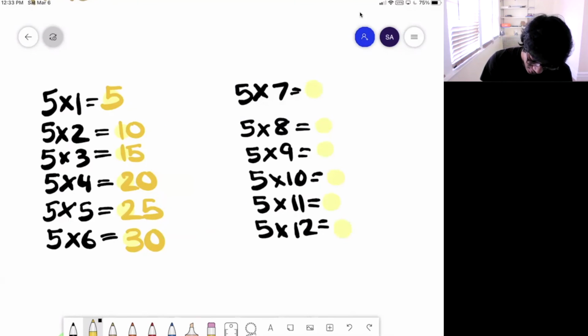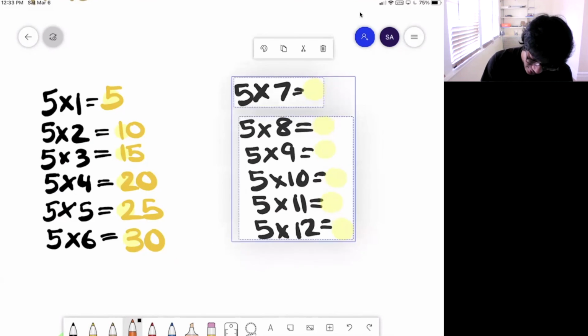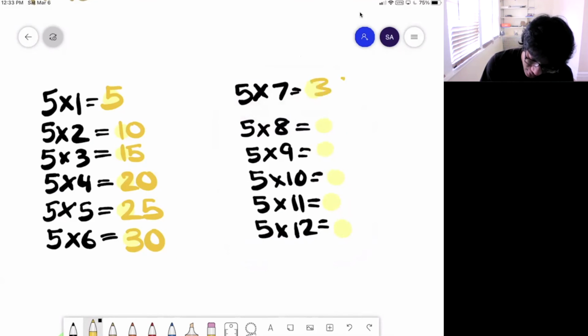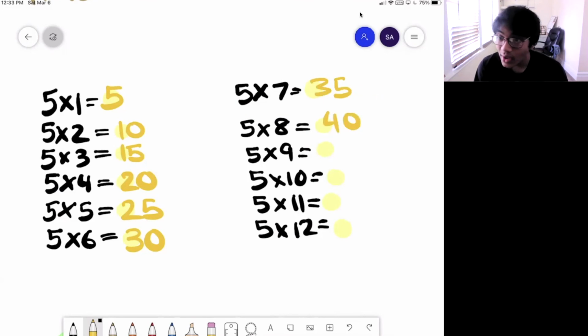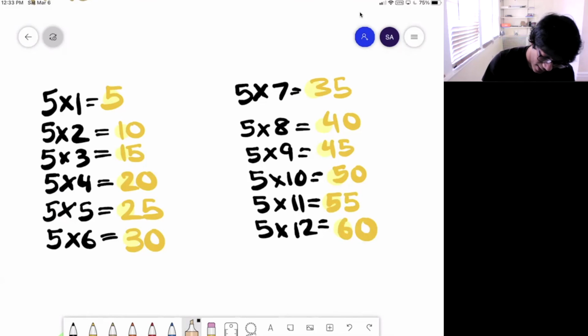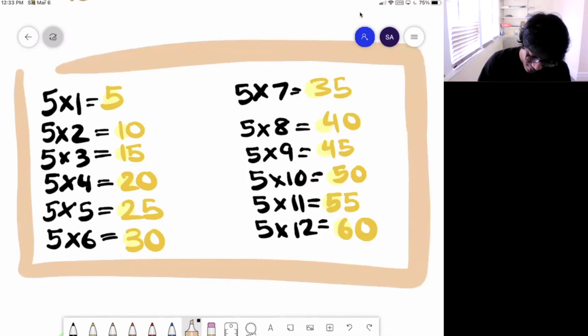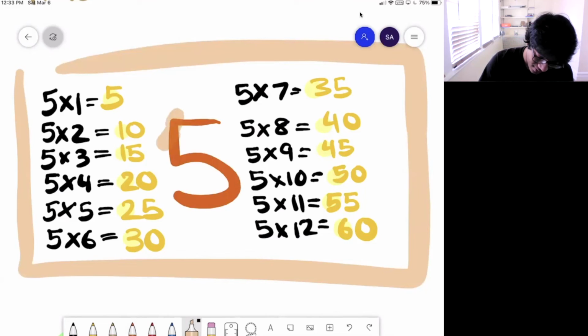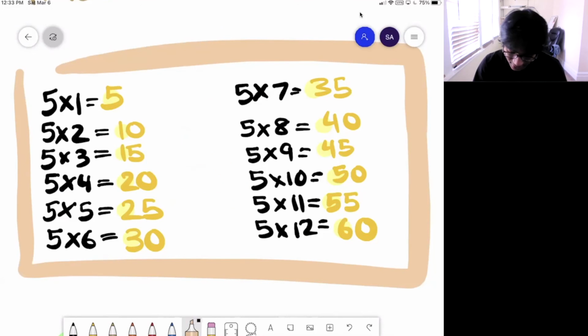So 30 plus 5 is going to be 35. 35 plus 5, well, that's going to be 40. 40 plus 5 is going to be 45. 45 plus 5, that's 50. 50 plus 5, that's 55. 55 plus 5, that's 60. And now you have the entire 5 times table. Isn't that cool?